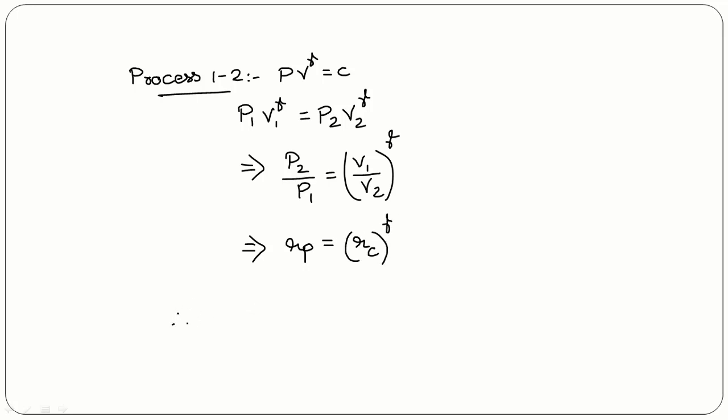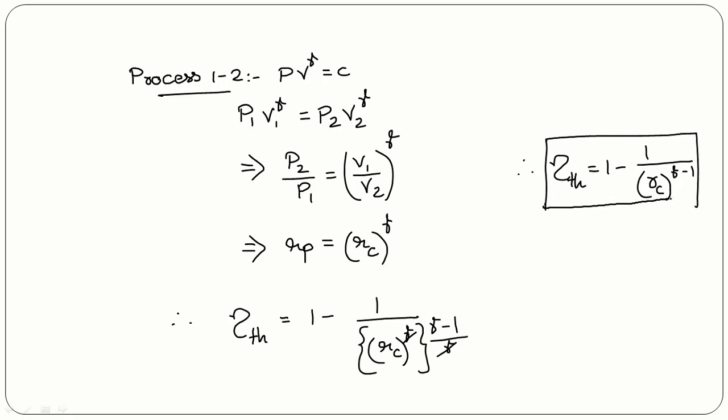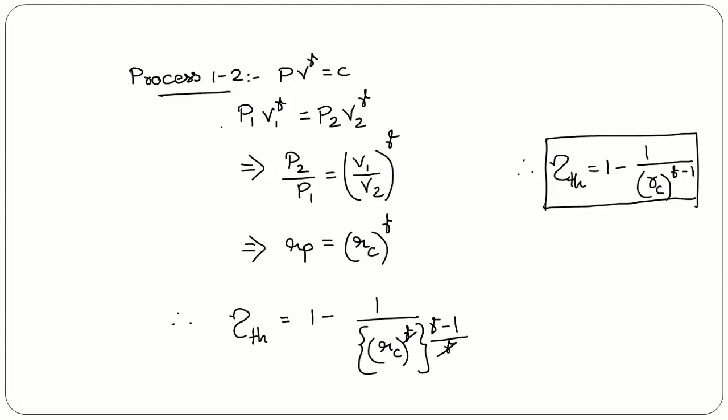So therefore we can write the thermal efficiency as 1 minus 1 by, instead of Rp, (Rc to the power gamma) whole to the power (gamma minus 1) by gamma. So these two will get cancelled. So therefore finally the thermal efficiency is 1 minus 1 by Rc to the power (gamma minus 1). So this formula will be similar to that of Otto cycle efficiency.